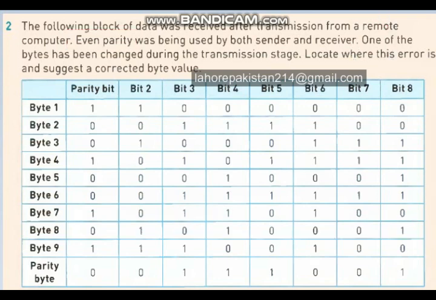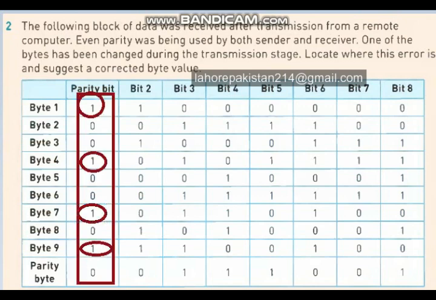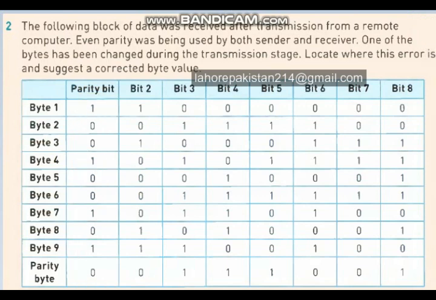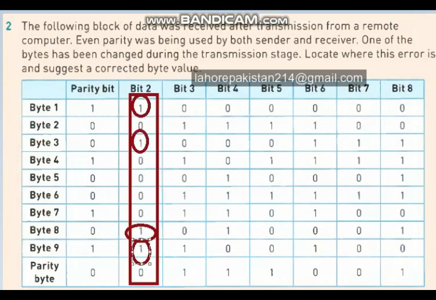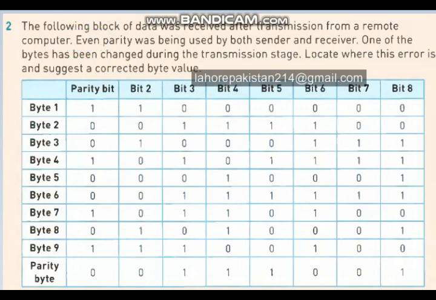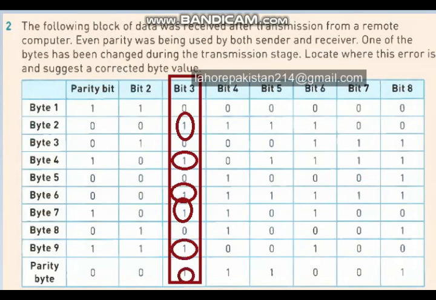Now let's start checking the columns. 4 is an even number, and we wanted an even parity, so there is no mistake in the parity bit column. Let's check the second column. 4, which is an even number, so this column is also perfect. Now let's check column number 3. 6 is an even number, so there is no mistake in column number 3 also.